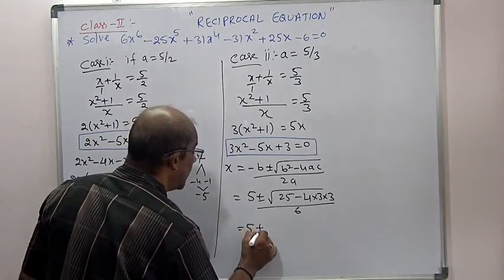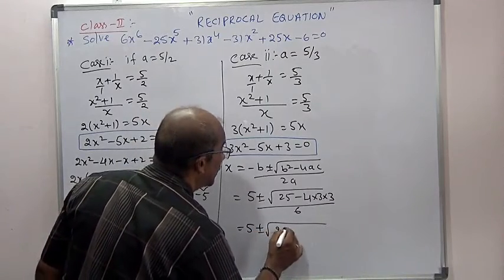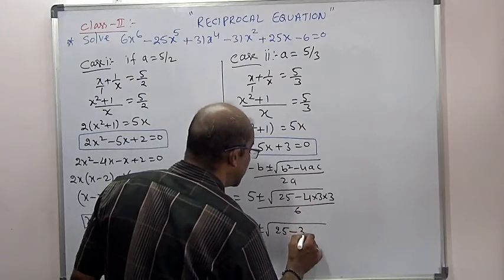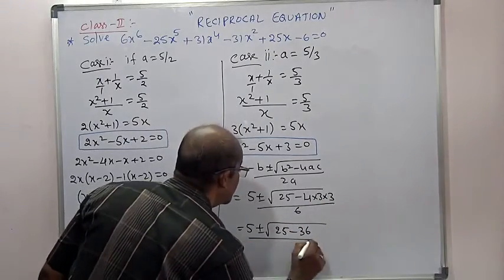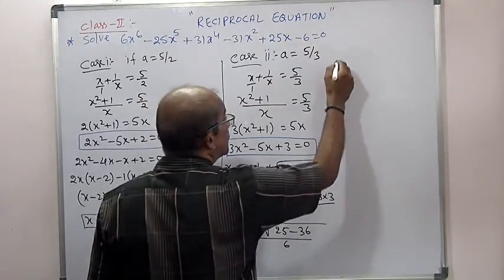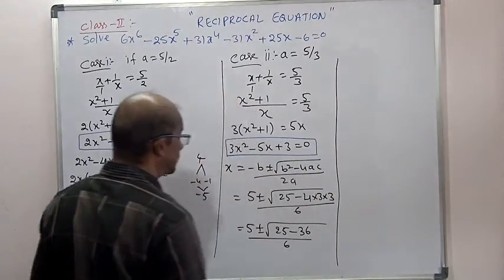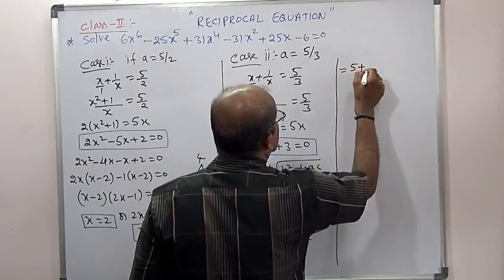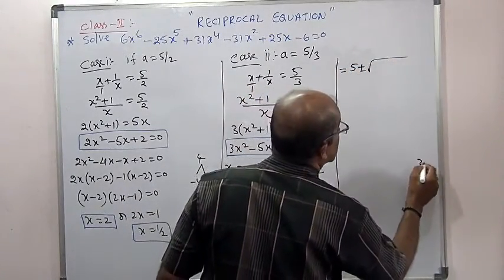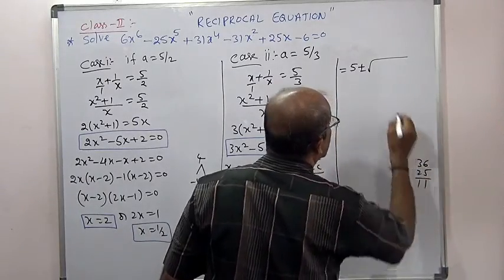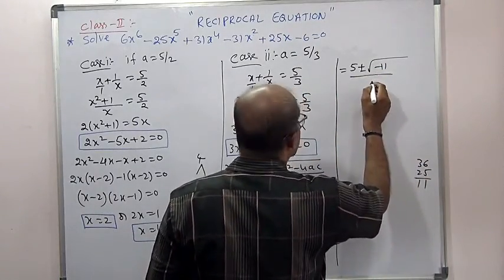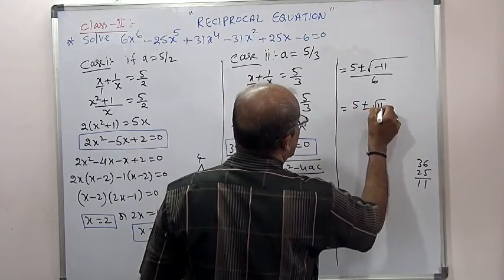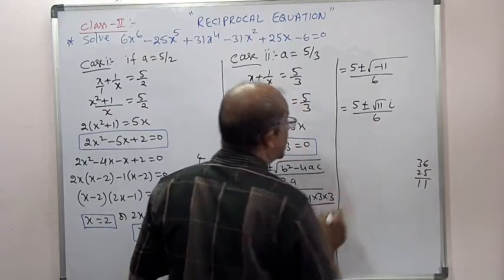That equal to 5 plus or minus square root of 25 minus 36 by 6. So that implies 5 plus or minus square root of minus 11 by 6, that equal to 5 plus or minus i root 11 by 6.